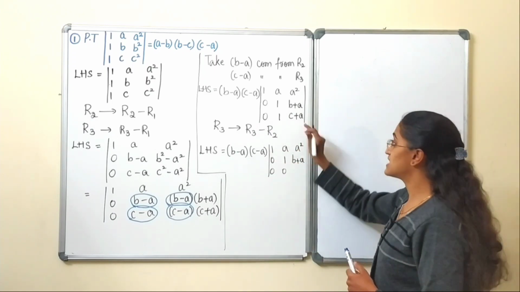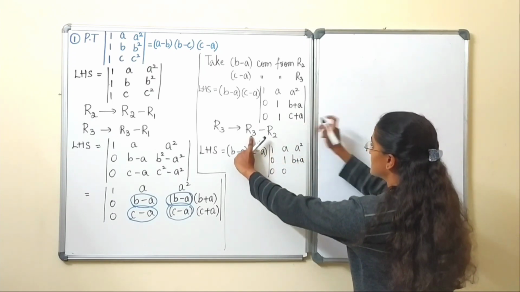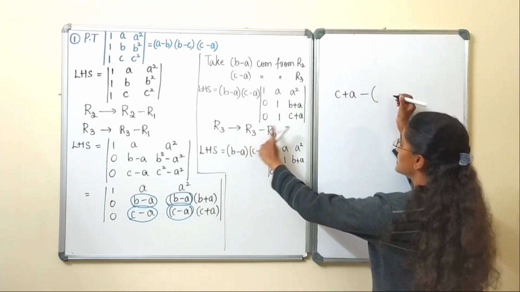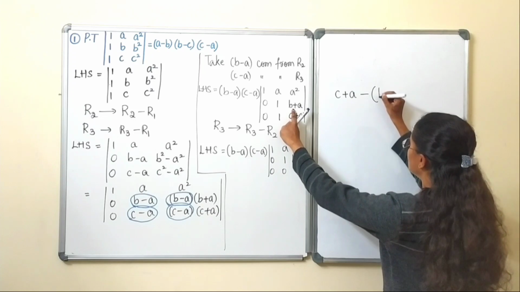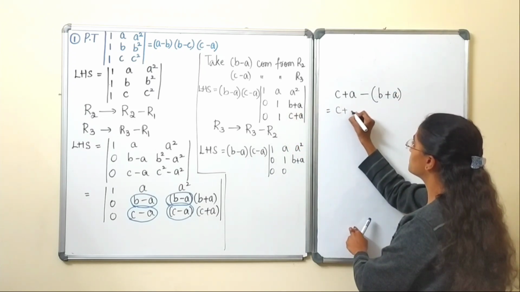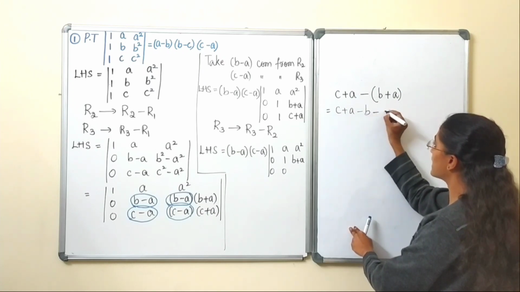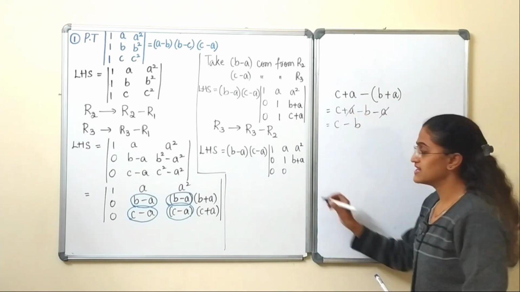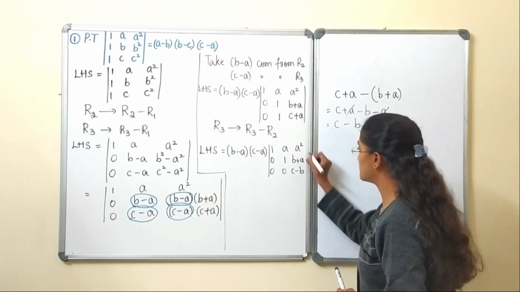You can now check that c plus a, which is the element of R3, minus the R2 corresponding element b plus a, simplifying this, we get c plus a minus b minus a. A gets cancelled and we are left with c minus b, and hence the element here will be c minus b.